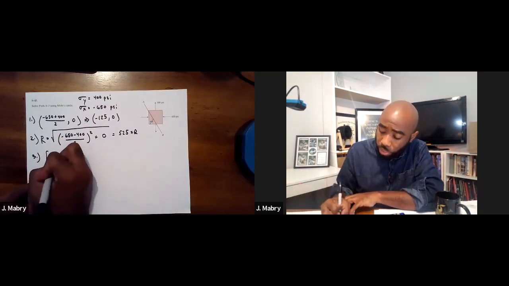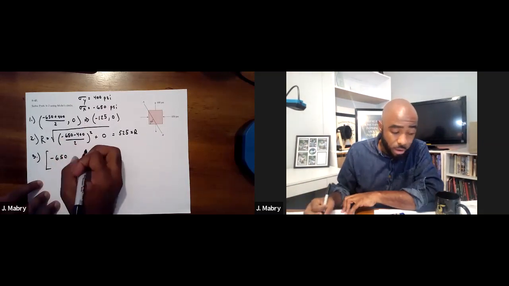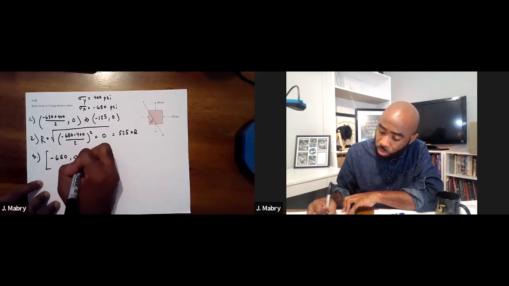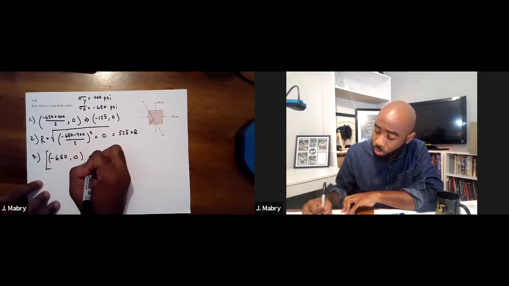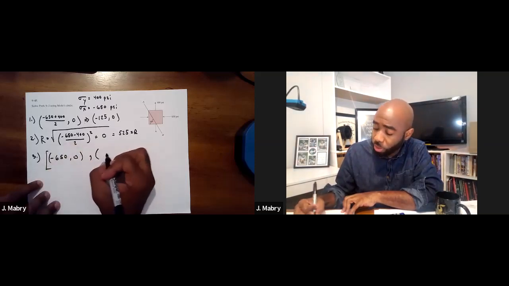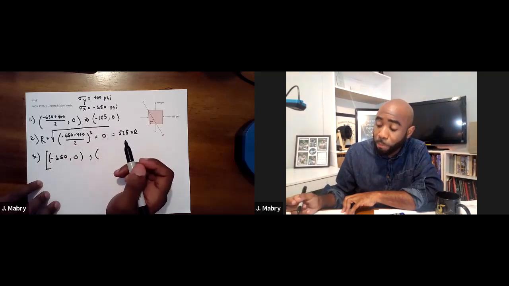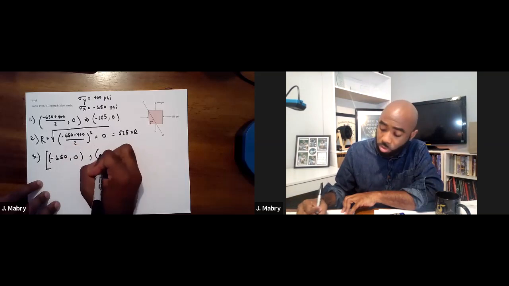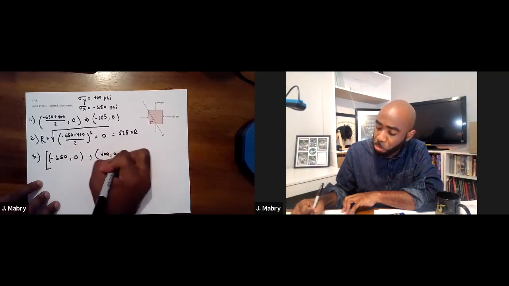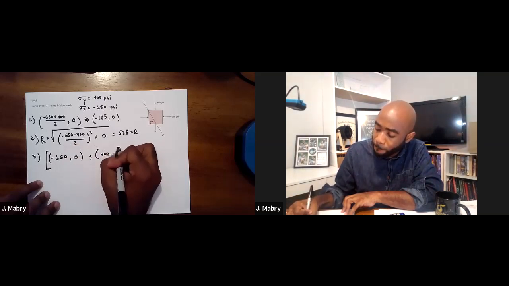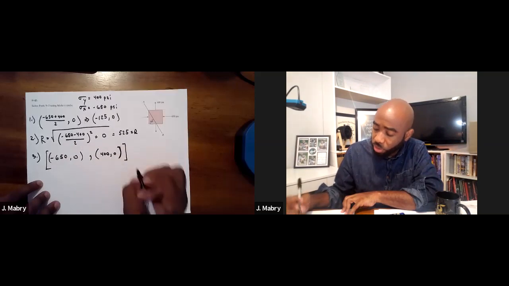That will give us a negative 650, and 0. That is our first term. And then the second term is going to be plus: negative 125 plus 525 gives us 400. Parentheses. That is our range.